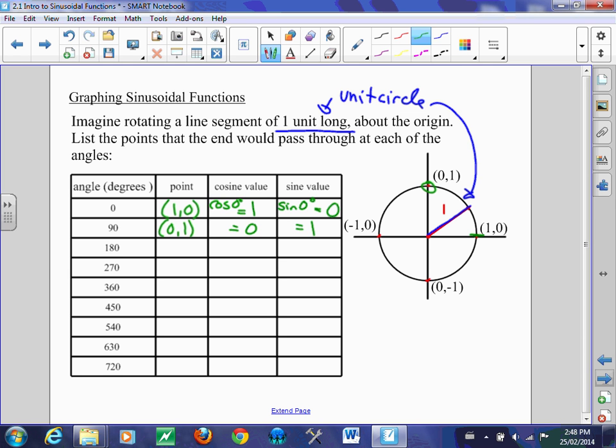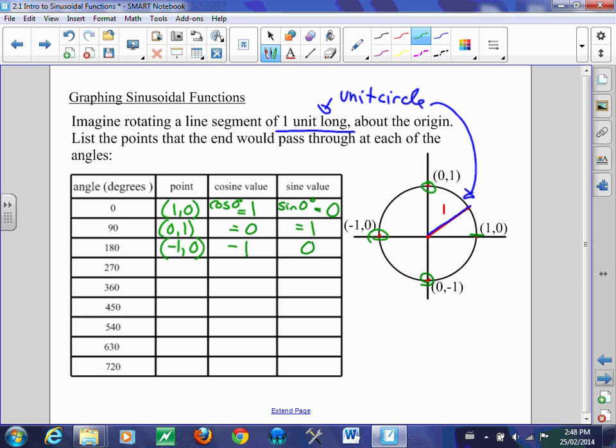Next, we'll do 180. At 180, we're over here, so our point is -1 and 0. Plug those in, so cos of 180 is -1 and 0 for sine. Okay, 270, we're down here.